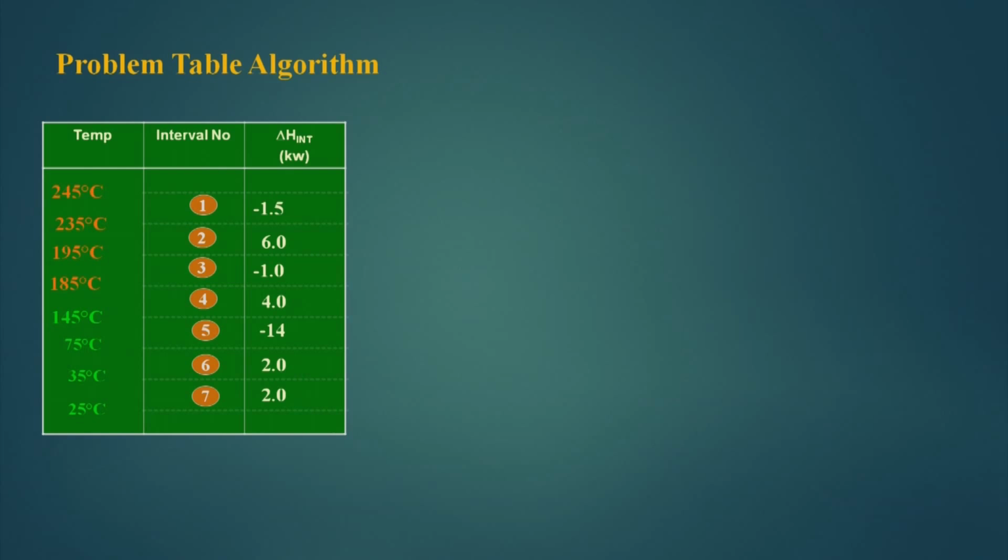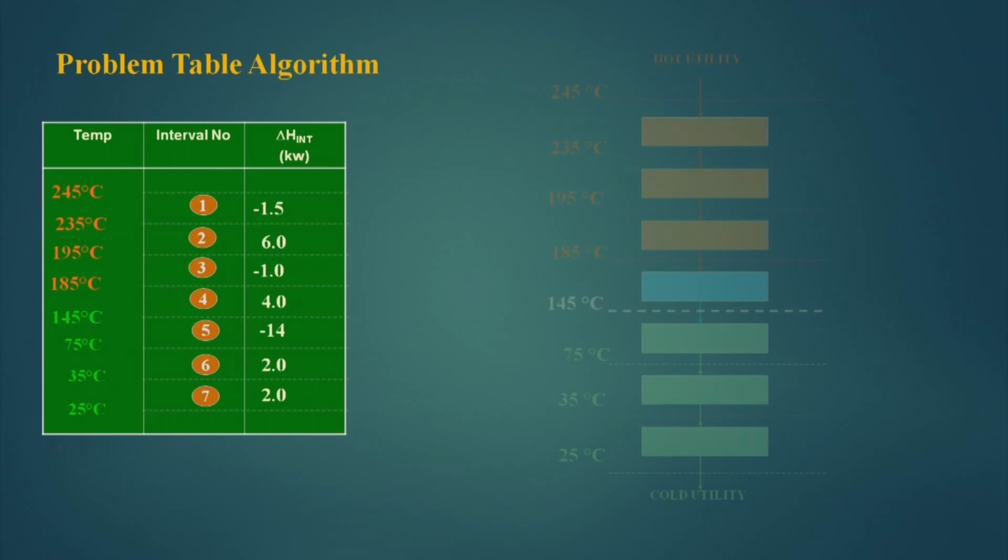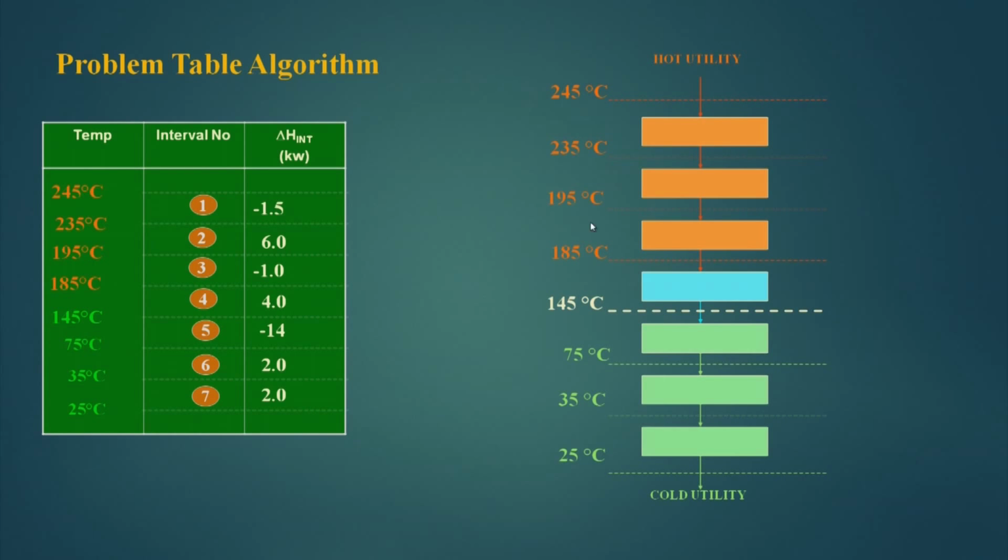and taking out the value of delta H interval, we can create a cascade which starts from 245 degree centigrade and ends at 25 degree centigrade. This is the line 25 degree centigrade. Now, we can fill up one by one into this.